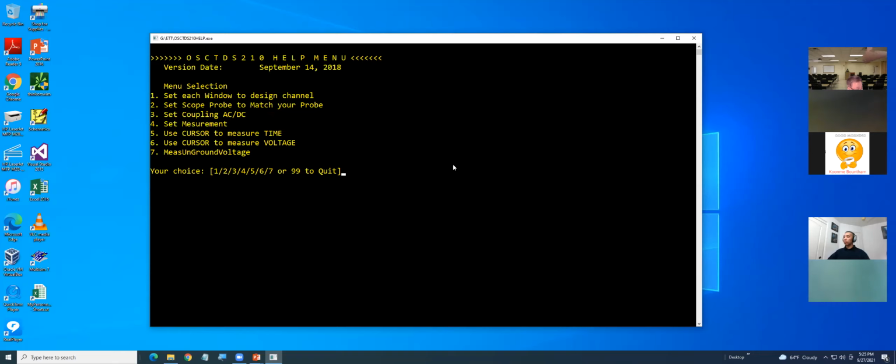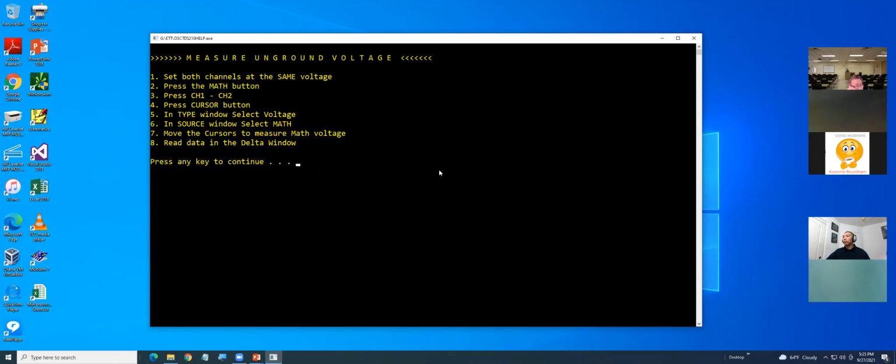Then you can see what's going on here. They say set both channels at the same voltage. Press the math button. Press channel 1 minus channel 2. Then you can press the cursor button. In the type window, select voltage.